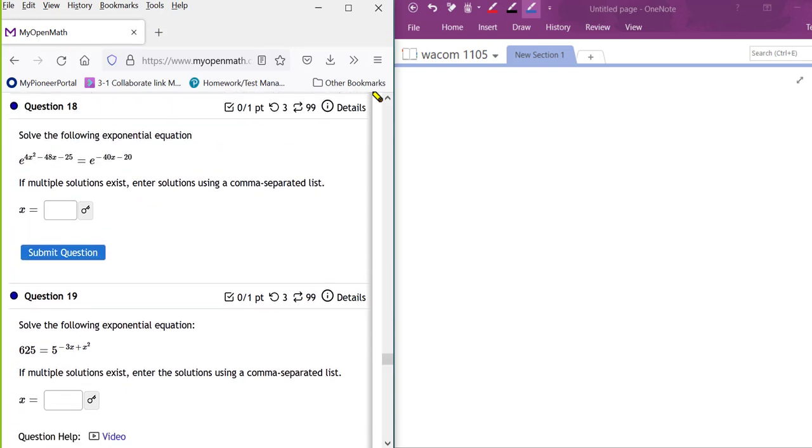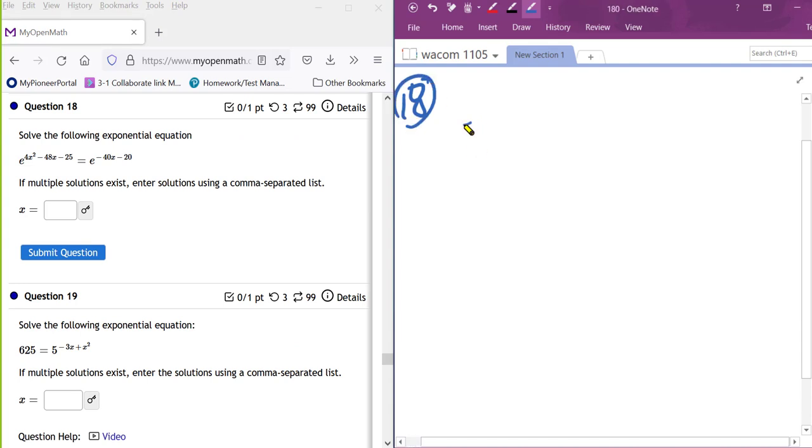because it's going to give you a quadratic equation. So we have e to the 4x squared minus, sorry, getting a glare, minus 25 equals e to the negative 40x minus 20.